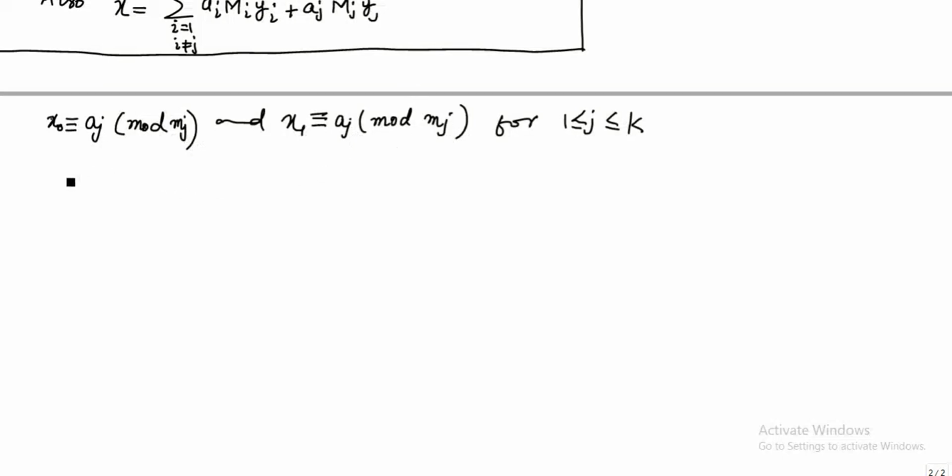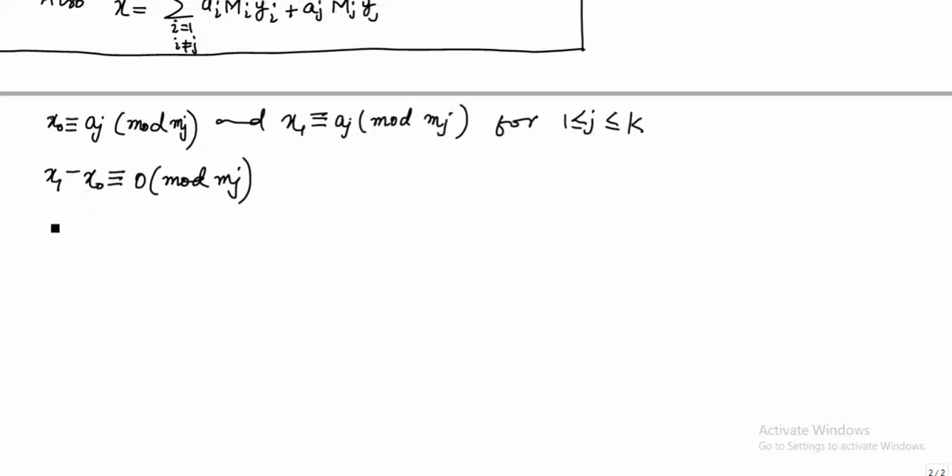So this will be x1 minus x null, or x null minus x1, whatever. aj minus aj is 0, so that must be 0 modulo mj because we are subtracting.